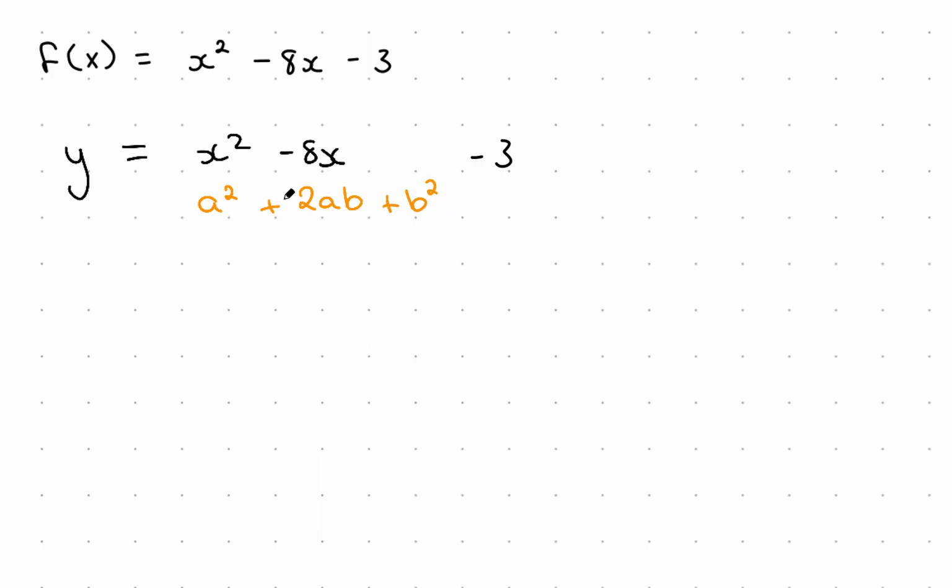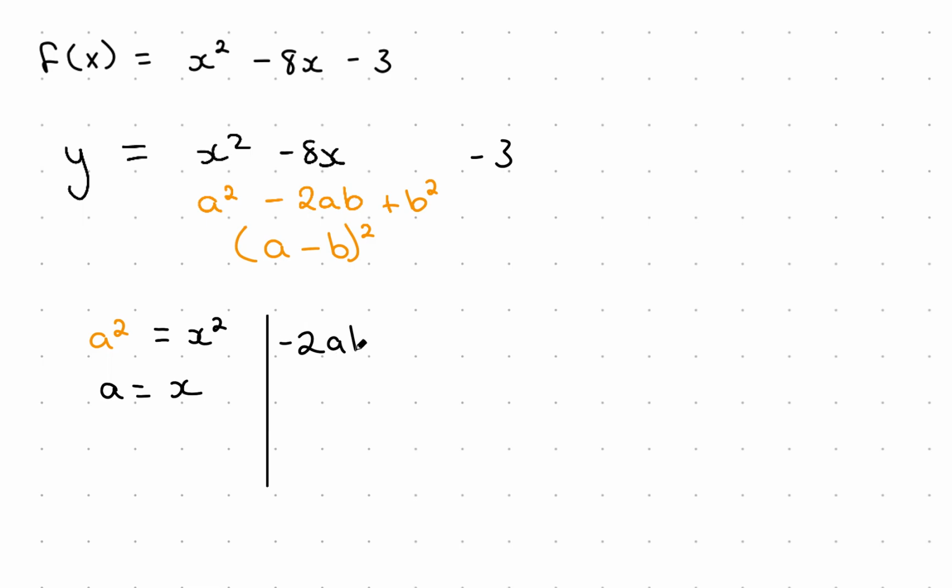Now because it's a minus here, I can say minus 2ab, and if I break that down, I would be getting this completed square. And again, it's only one way of doing this, you can do other ways of completing the square. I like to just match them up and say, okay, my a squared is x squared, therefore a is equal to x. My 2ab, in this case minus 2ab, is equal to minus 8x.